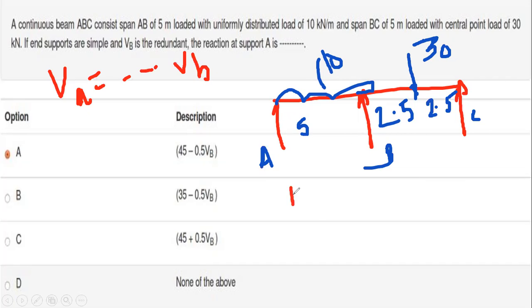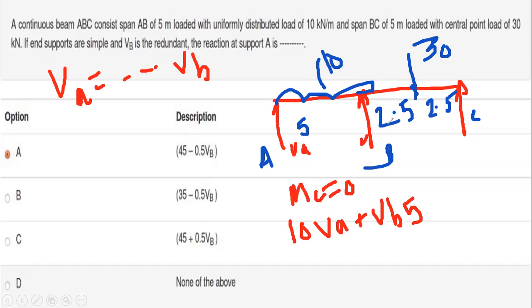Just apply summation of moment at point C equal to 0. So what we get initially: moment of VA about point C will be VA into perpendicular distance 10, so 10 VA, clockwise positive we will consider, plus VB into 5, the second reaction, perpendicular distance 5.